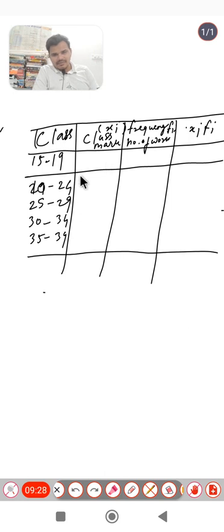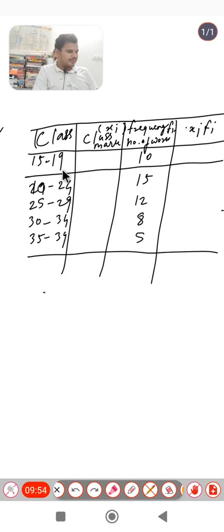First of all, the frequency is given: 10, 15, 12, 8 and 5. Now the class mark is nothing but, we add the limits and divide by 2.